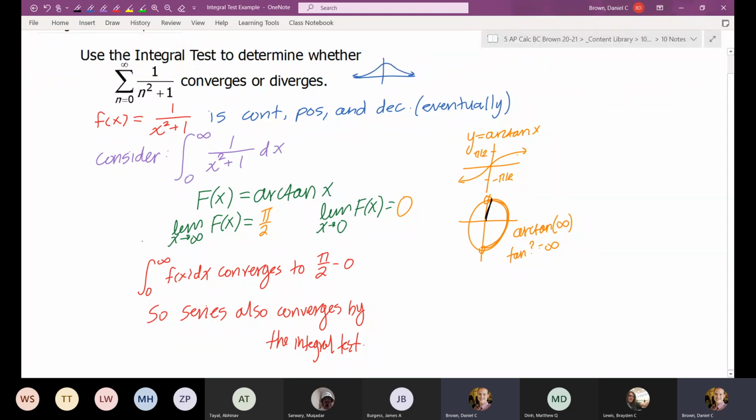So your first step is you're going to have to define the f of x you're using and say it meets requirement. So that's the first thing you're always going to start with when you have the integral test. Second thing you have, you're going to have to write down the integral that you are considering.